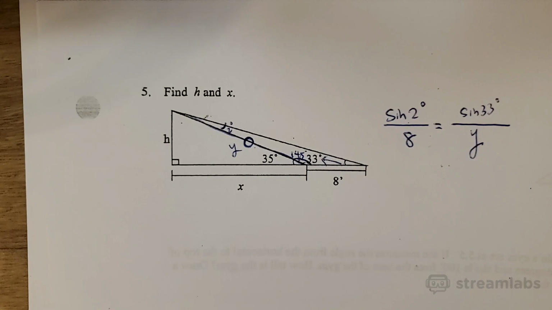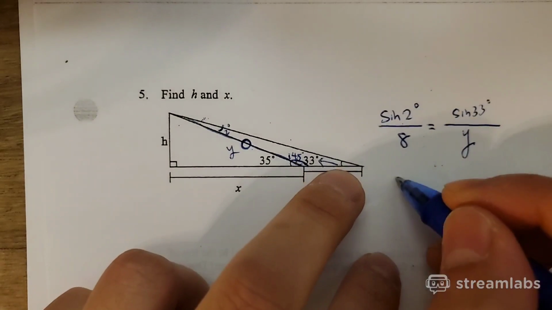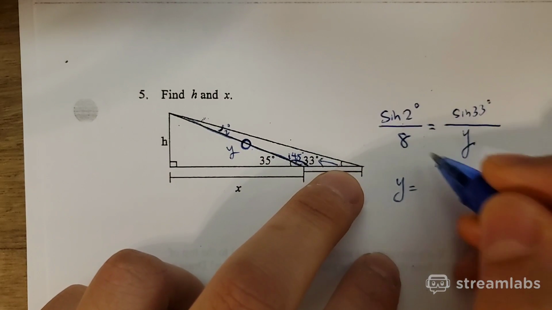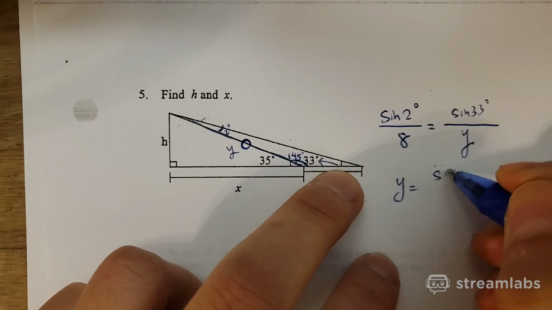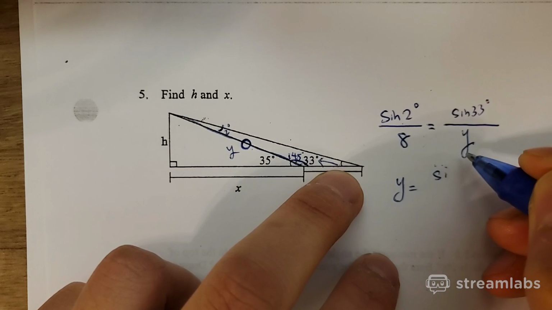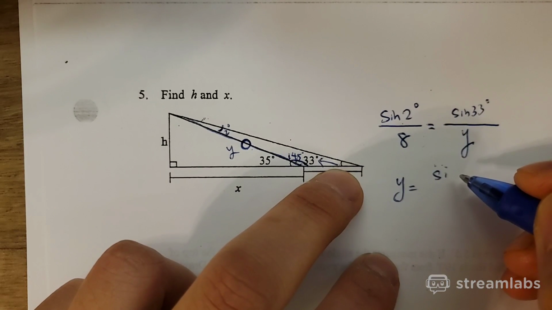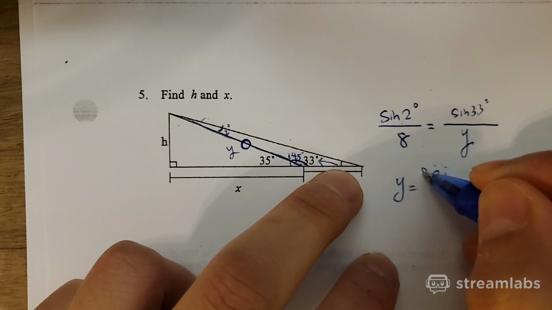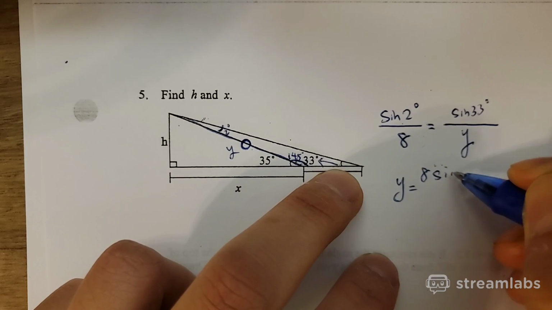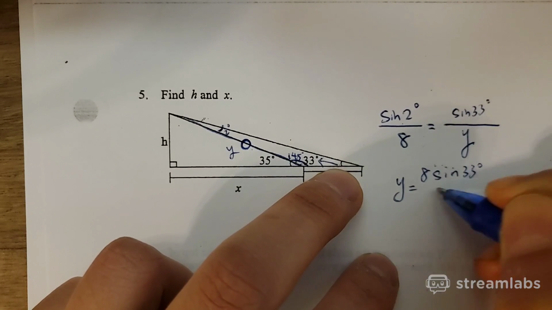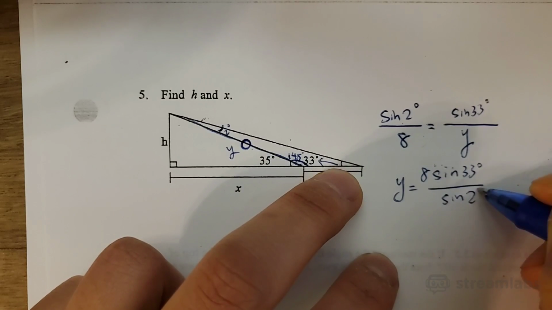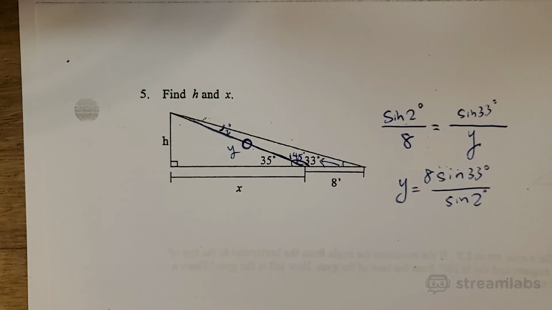Let me change it. So that would be y should equal 8 sine. Let me see. So you cross multiply, so it would be 8 sine 33 degrees over sine 2 degrees. Okay.